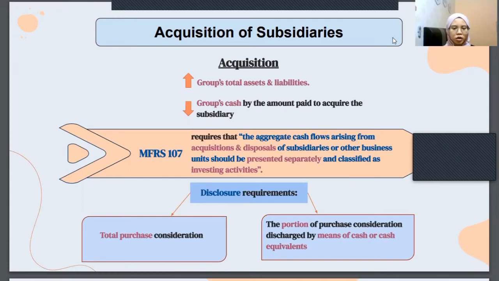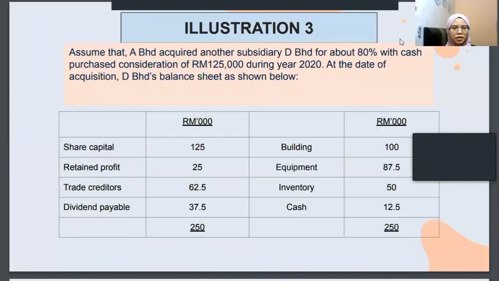The important requirements for disclosure in calculating the cash flow on acquisition are, first, the total purchase consideration, and second, the portion of purchase consideration discharged by means of cash or cash equivalent. To make it clear, here we go to illustration 3.